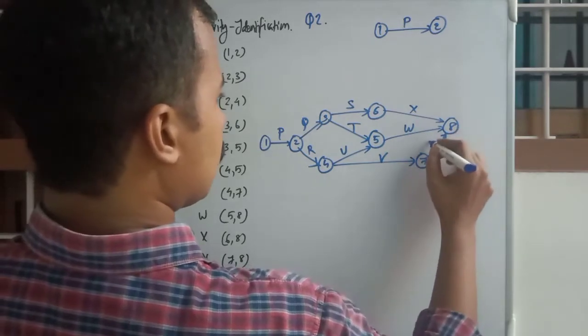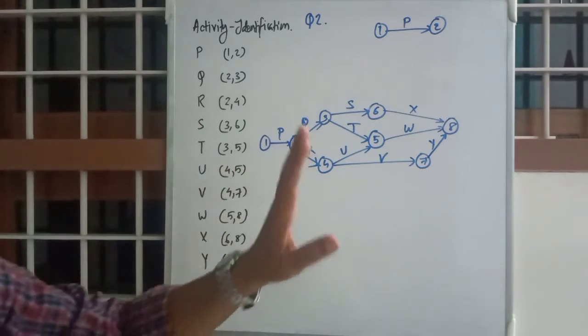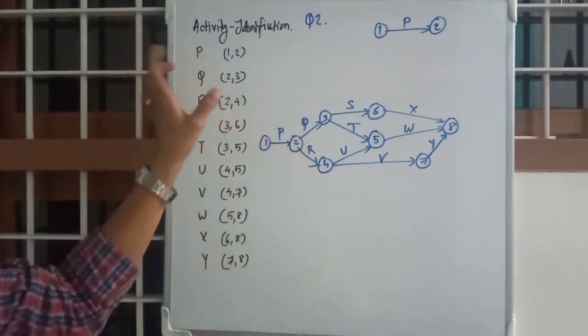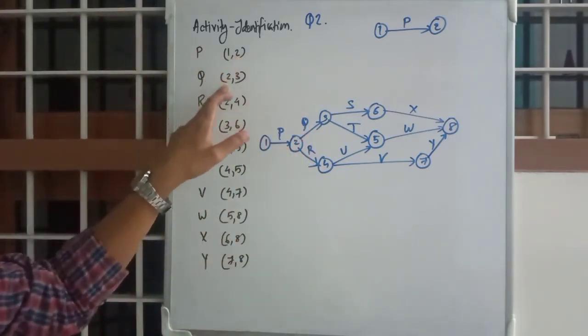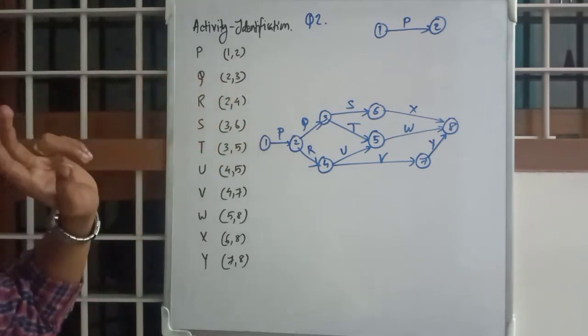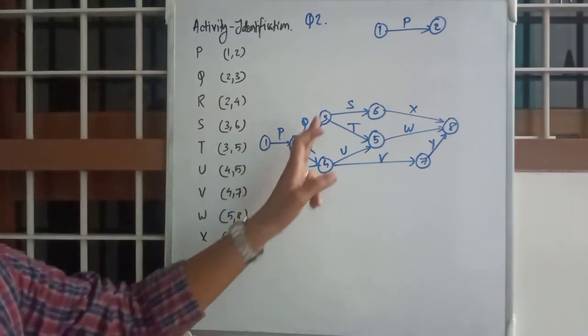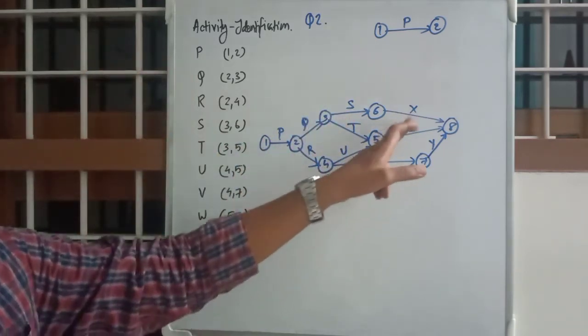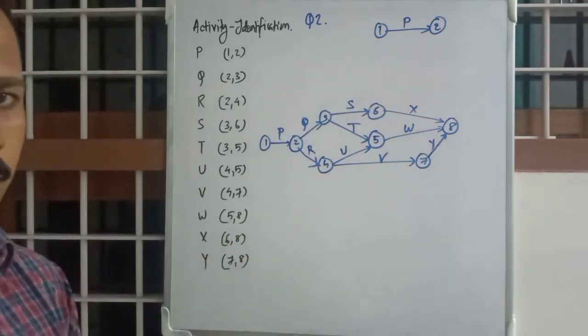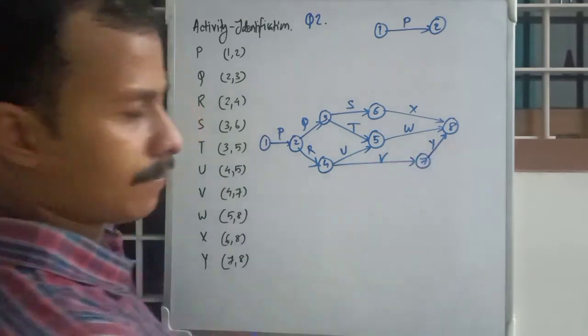Just join it and name. That's it, this was pretty easy. You just draw events with these numbers, join them and name each activity accordingly: P, Q, R, S, T, U, V, W, X, Y. So events were 1 to 8.